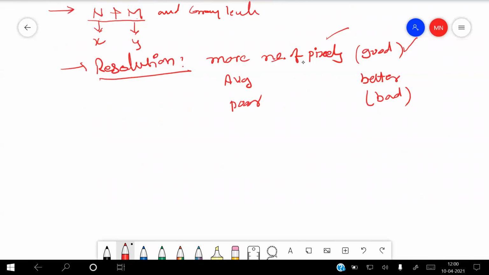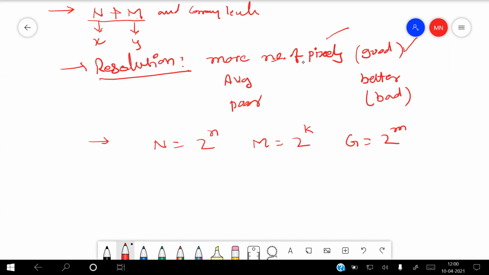Then how do we represent those values? We need some procedure to represent them. N is equal to 2 power n, M is equal to 2 power k, and G is equal to 2 power m.